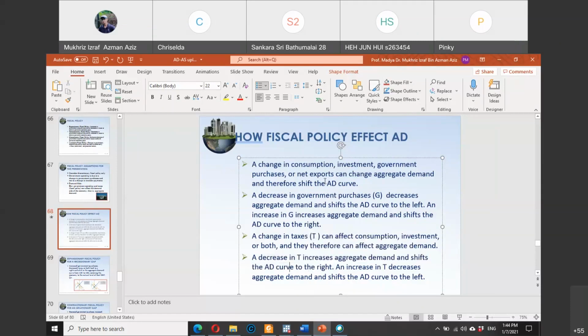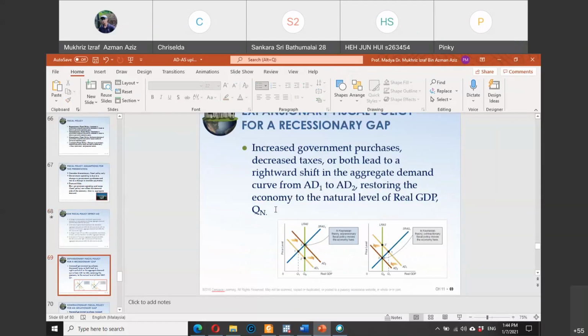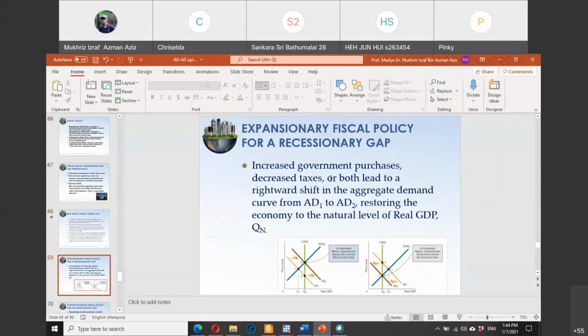Whether the government employs expansionary or contractionary fiscal policy depends on the situation of the economy. Expand is for a recessionary gap. The word recessionary comes from the root word recession, which means the economy is not doing well.